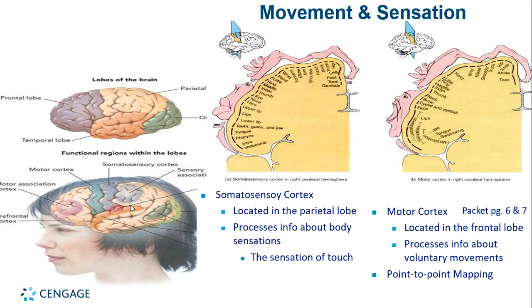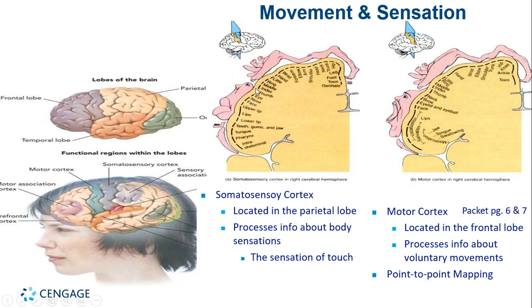And so you have to devote more space in the brain to have all of that programming of how to control the hand. On the other hand, my back is very large compared to my hand, but I devote very little space to my back.